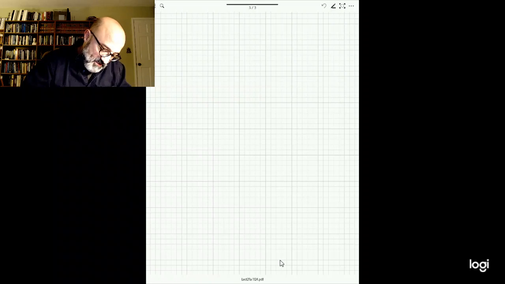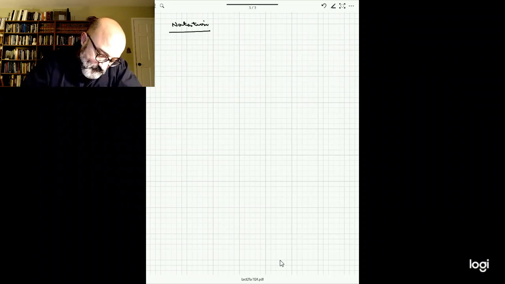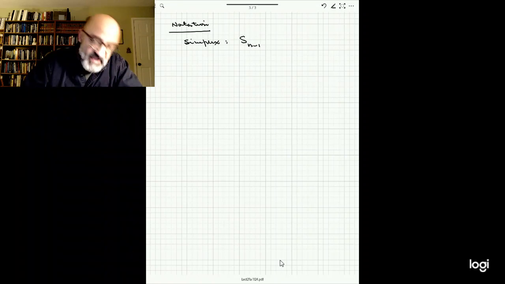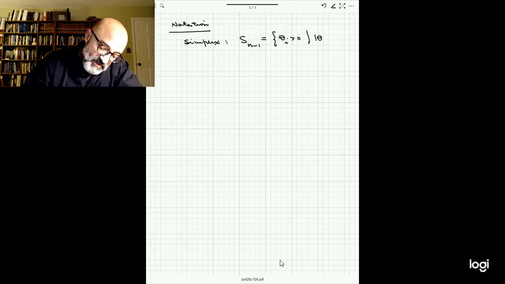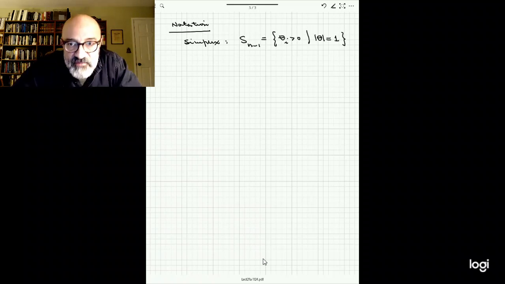So the notation first. Earlier we had been dealing with a simplex. If you had an n-sided die, the simplex was n-1 dimensional. This was the set of probabilities such that the probabilities were normalized. Then we invented something very useful.